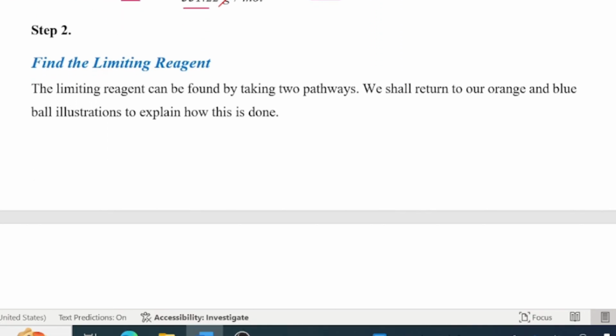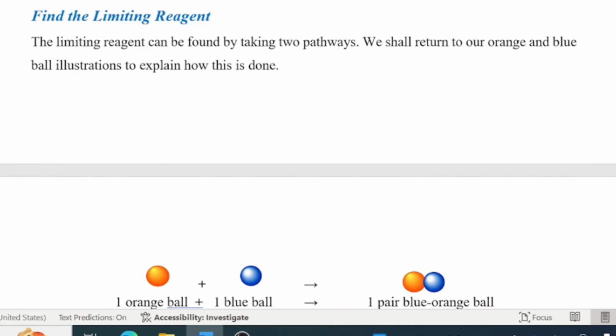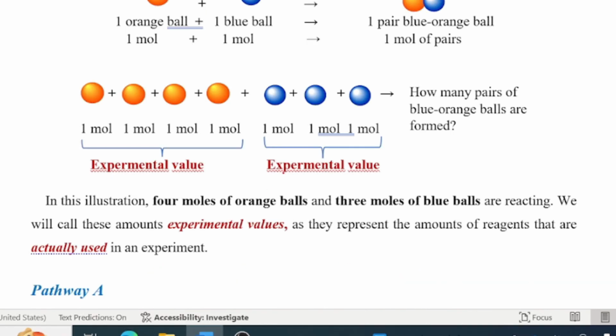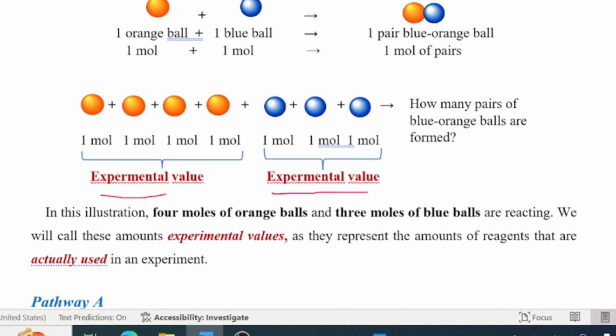The next big step, which is the one that students find difficult to do, is to find the limiting reagent. Now you're introducing a different terminology here, experimental value. Okay, listen to this now. This is what is happening. 1 mole of this is reacting with 1 mole of that to give you 1 mole of blue-orange pairs.